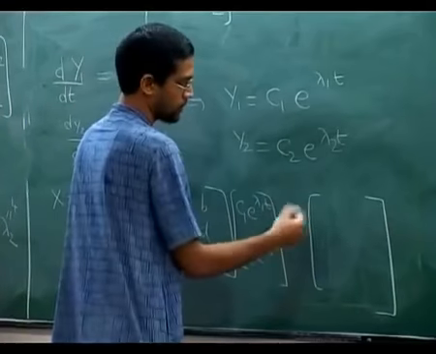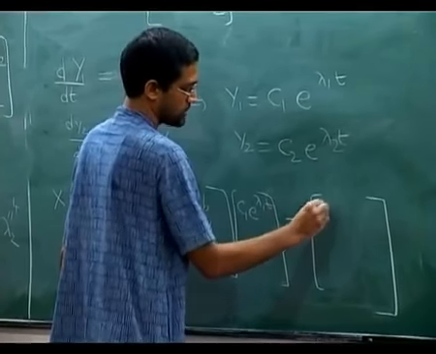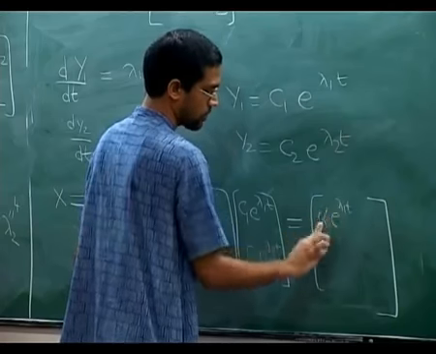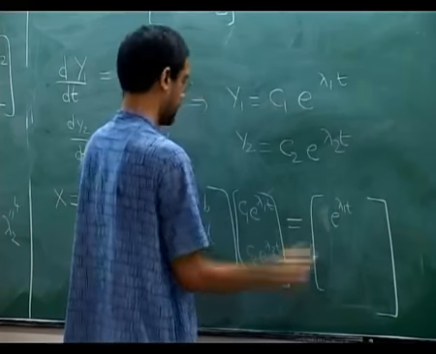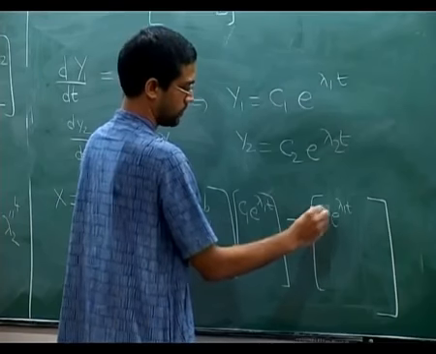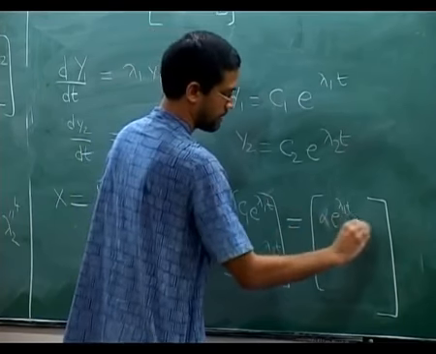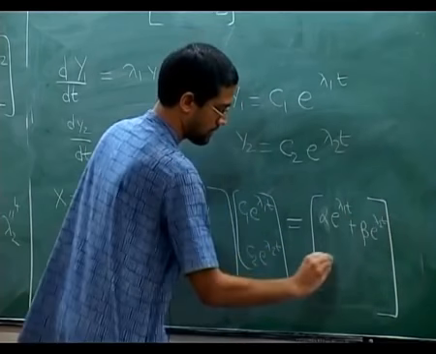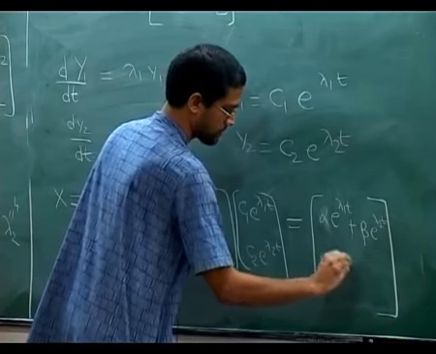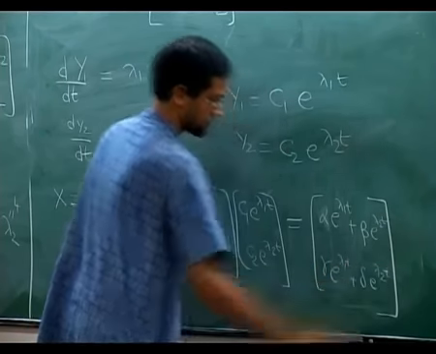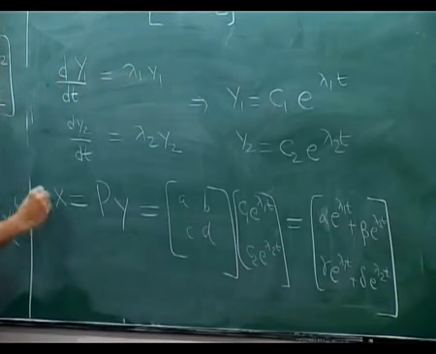So in general, you should always think of it as follows: it's some alpha e to the lambda 1 t plus beta e to the lambda 2 t, and gamma e to the lambda 1 t plus some delta e to the lambda 2 t. So that is your x1, x2.